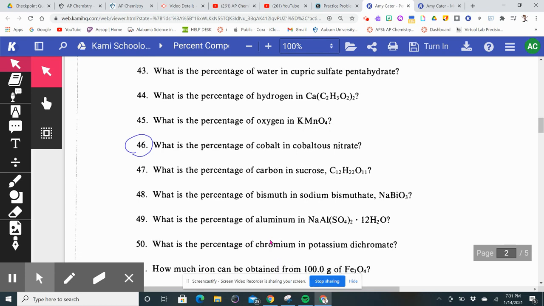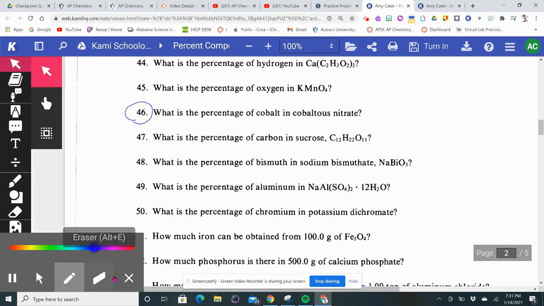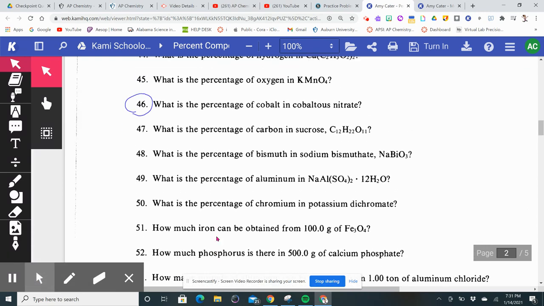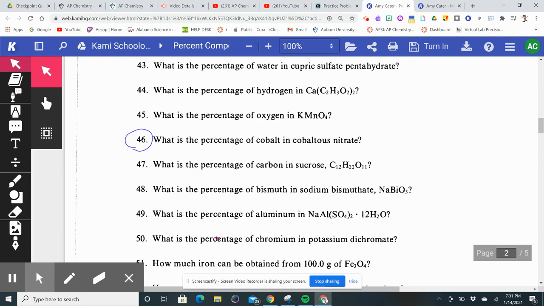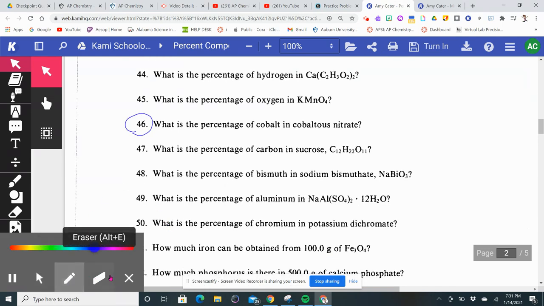I'm going to do 50, find the percent chromium. And nope, I take that back. I need to find one. Trying to find an easy one to do. That's what I get for trying to find a shortcut. Okay, let's look at 47.